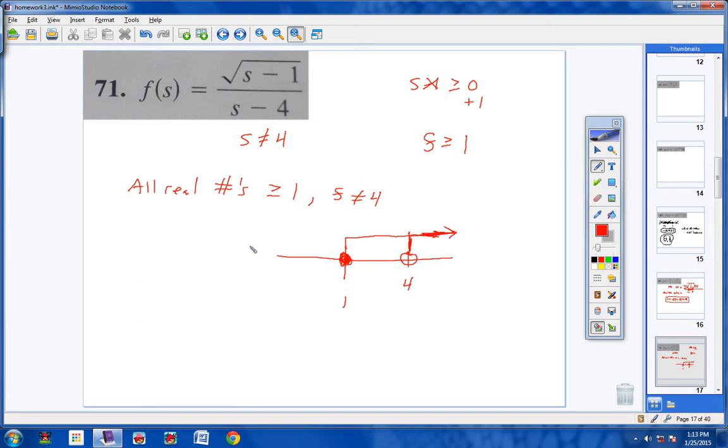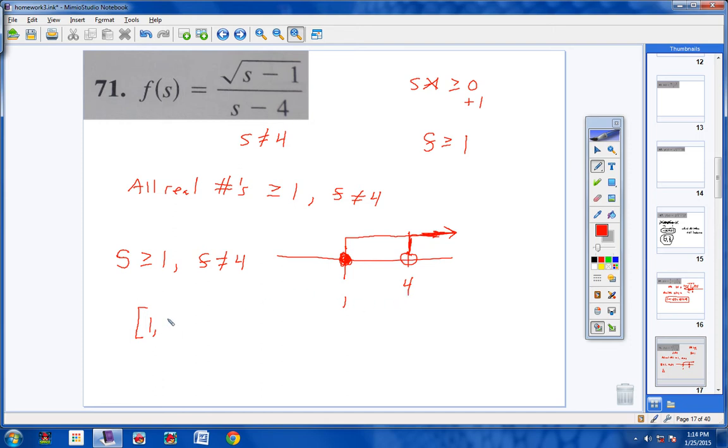Okay? So using inequalities, here's how I would write the domain: s is greater than or equal to 1, so that s does not equal 4. Okay? Now for interval notation, well, it starts here at 1, so put a bracket and then 1 because it's inclusive, and it goes all the way until you get to 4.